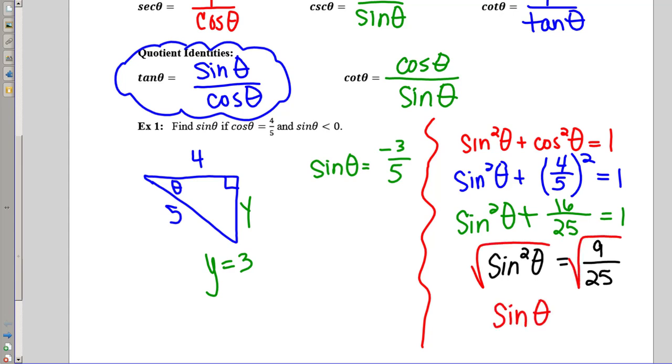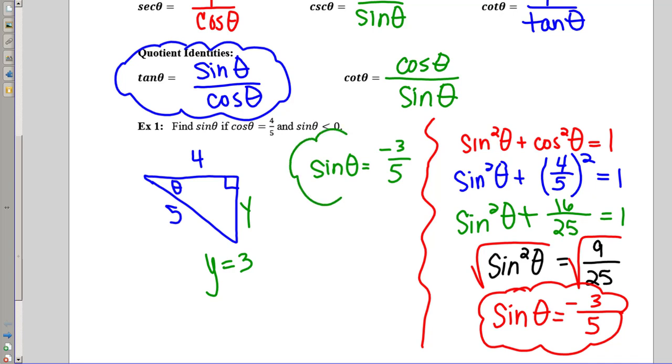And if I take the square root here, I technically get my plus or minus square root of 9, square root of 25. So I get my 3/5. Now this is where the piece of information about sine being less than 0 is important, because then we would say that this is sine theta equals negative 3/5. Okay? So either way, I get the same accurate answer.